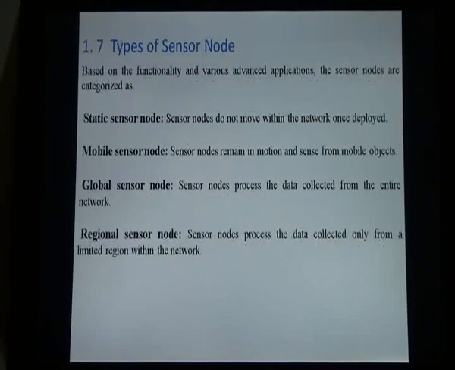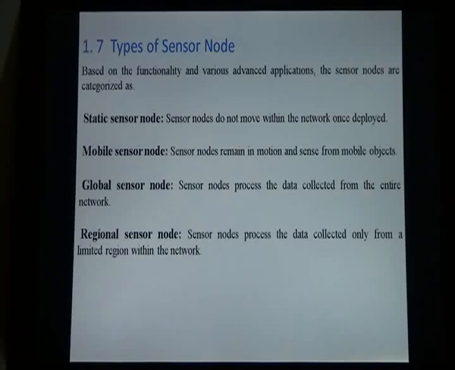When nodes are connected to form a wireless sensor network, they can further be divided into 4 basic categories. Static sensor nodes: when a wireless sensor network is deployed, the nodes do not come into motion. They remain where they are deployed. Mobile sensor nodes: if sensors are attached to a moving object in a wireless sensor network, the nodes come into motion and are rated as mobile sensor nodes.